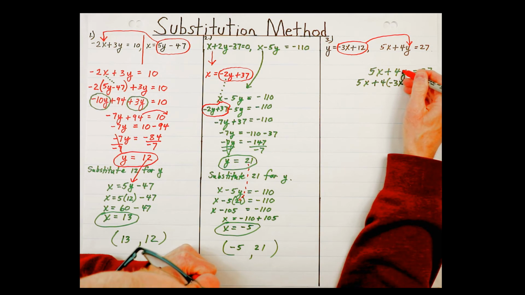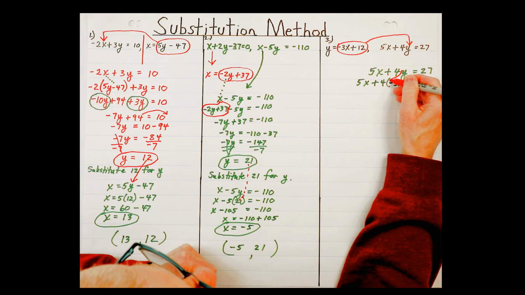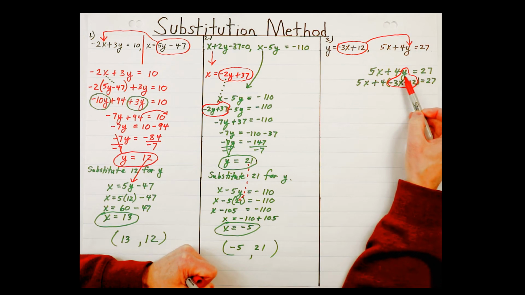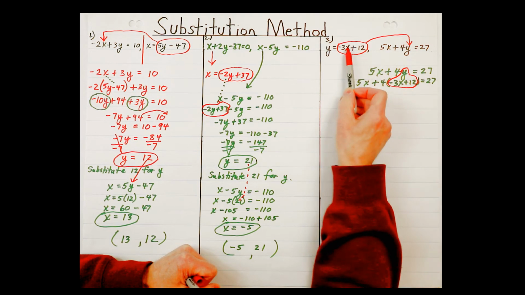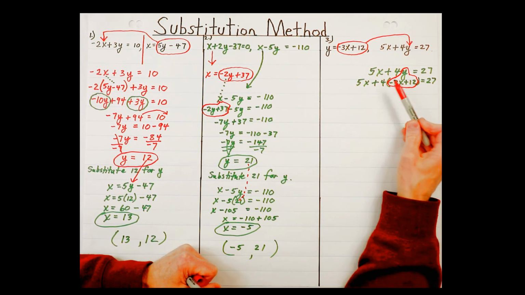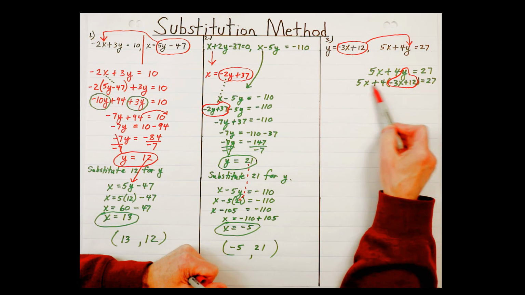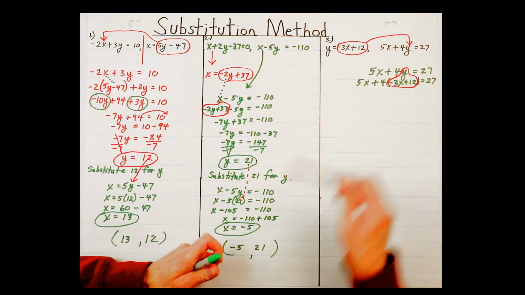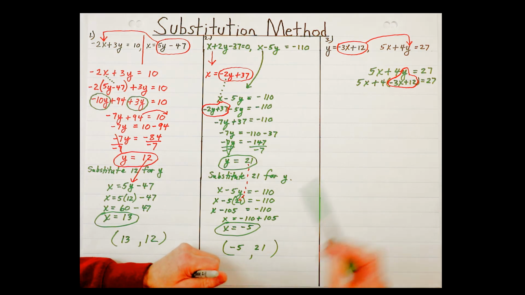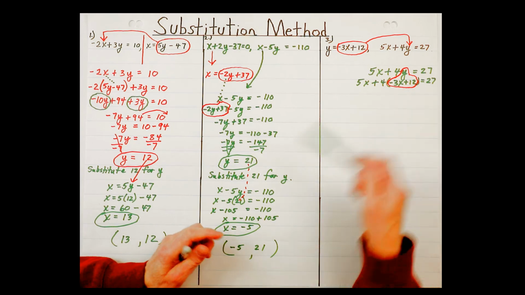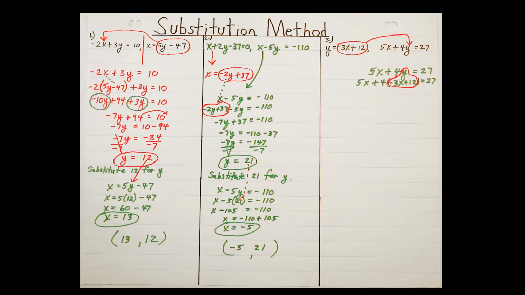The only difference is that we have replaced y with negative 3x plus 12. Where did we get that? We got it up here because it says y equals negative 3x plus 12. Everything else in this line, in the second line, is the same as the first line. We just replaced y with negative 3x plus 12. And we only have one variable. And if we have one variable, we have an equation that we can solve.